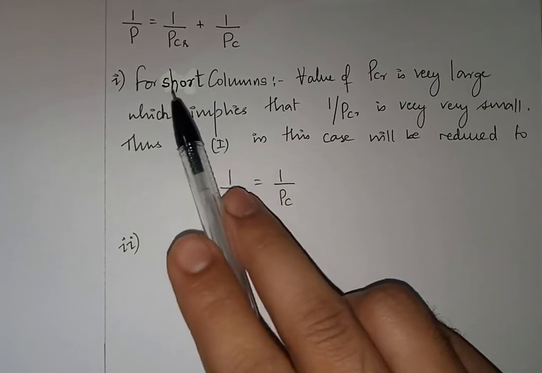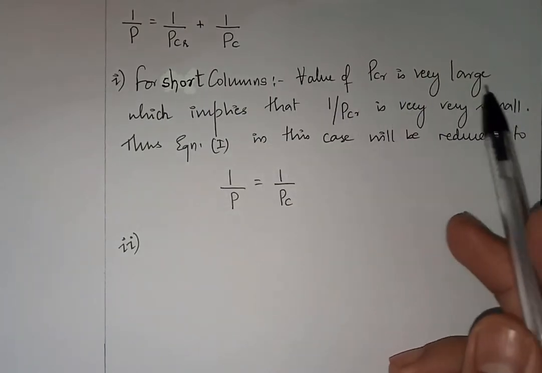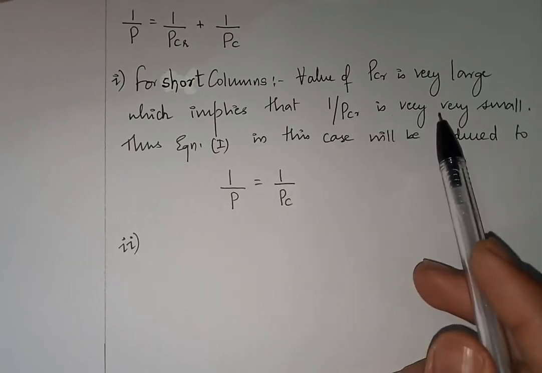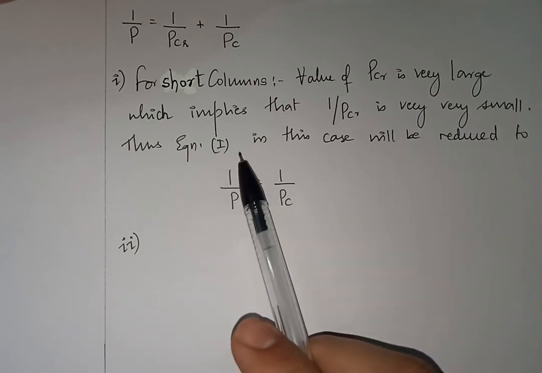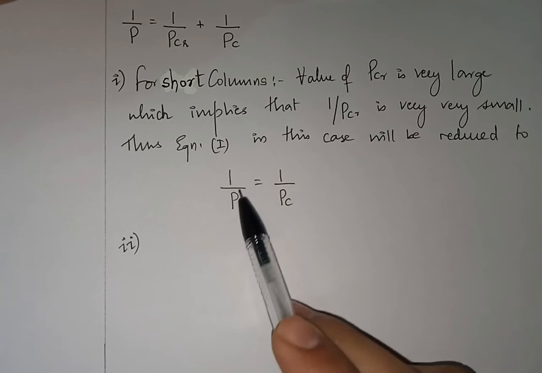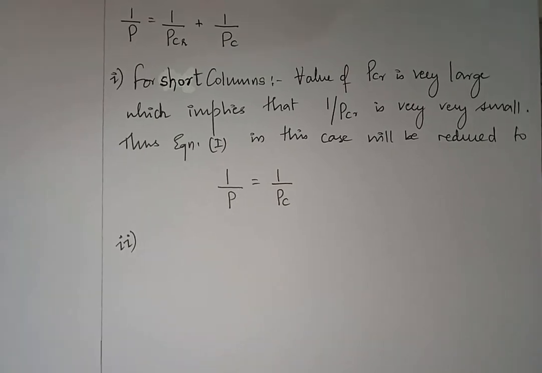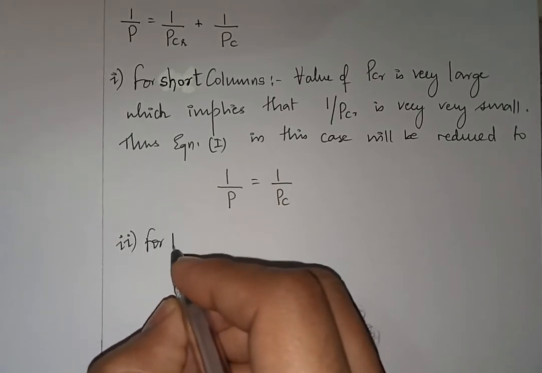You please correct this. It should be for short columns, the value of PCR is very large, which implies that 1 divided by PCR is very small. Thus equation 1 in this case will be reduced to 1 by P is equal to 1 by PC.